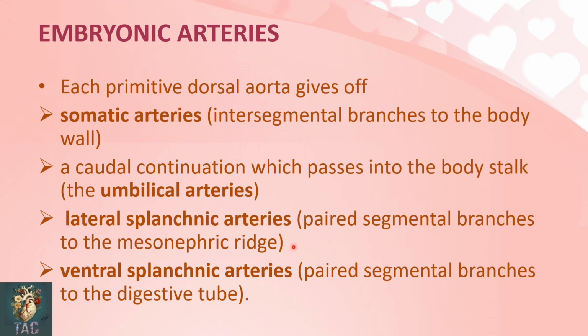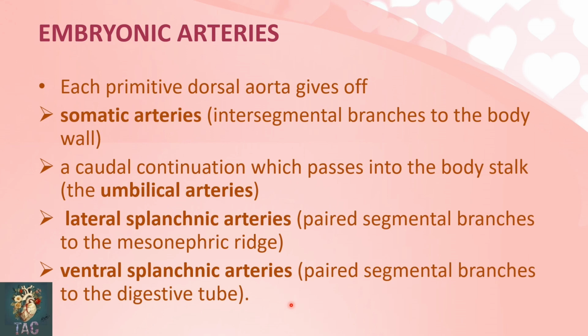Lateral splanchnic are the paired segmental branches to the area of the mesonephric ridge, that is supplying the area of the developing kidneys as well as area of developing gonads. And the ventral splanchnic arteries are the paired segmental branches to the digestive tube.